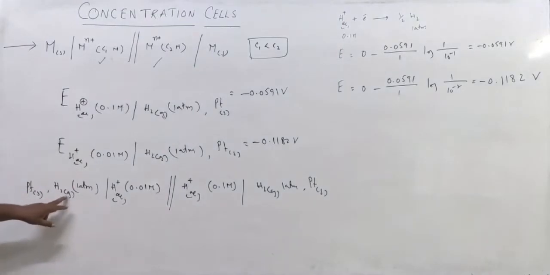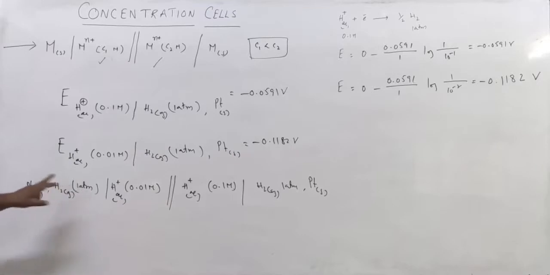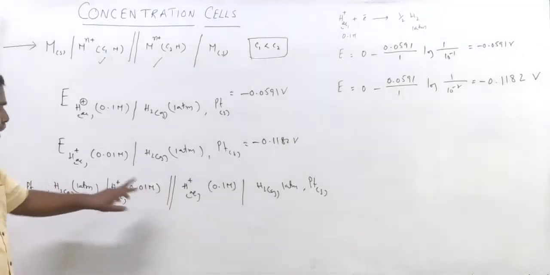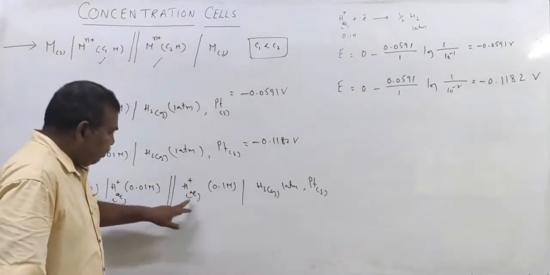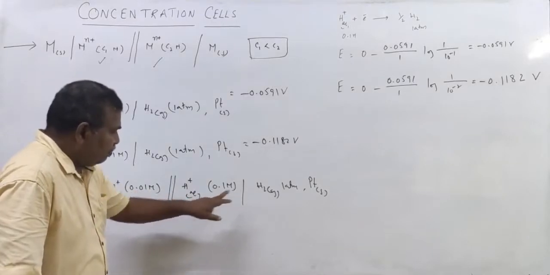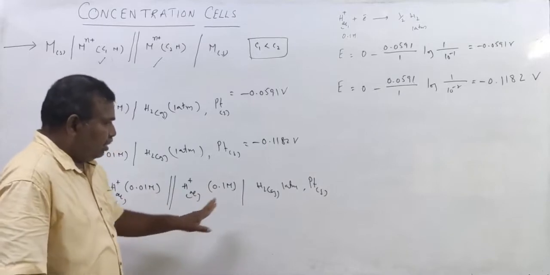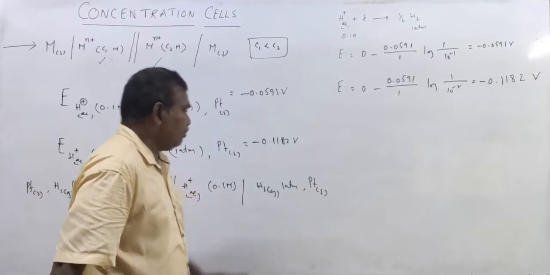So hydrogen gas is the electrode, and the pressure exerted by hydrogen gas is 1 atmosphere. For this, platinum is required as a medium, since hydrogen is a non-conductor of electricity. Hydrogen molecules are in contact with H+ ions of the 0.01 molar solution, it is an electrode. H+ ions are in contact with the hydrogen molecule, and for the medium, platinum is required. This is 1 electrode.